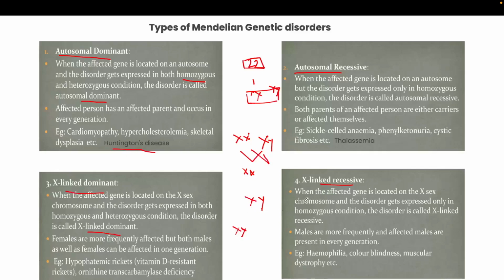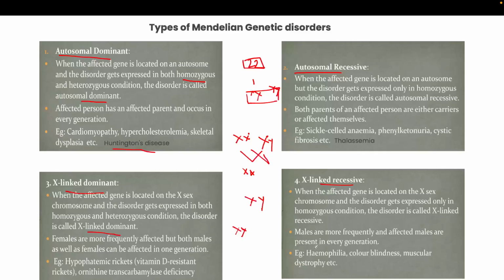Okay, and the last one is X-linked recessive. That is when the affected gene is located on the X chromosome, and the disorder is only expressed when the homozygous recessive condition occurs. So this disorder is called X-linked recessive.